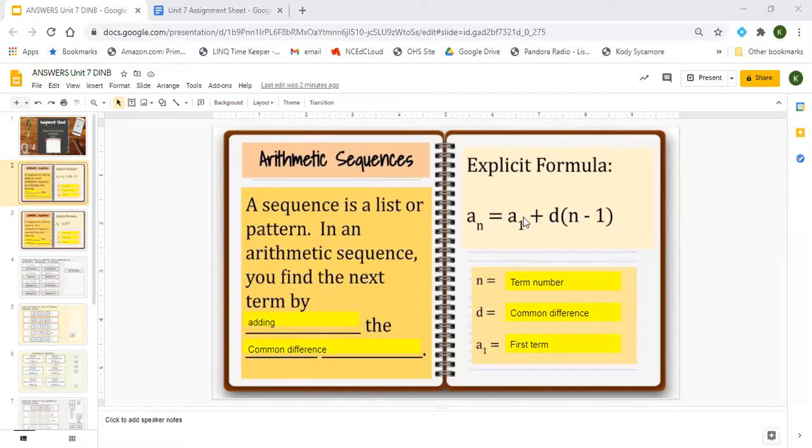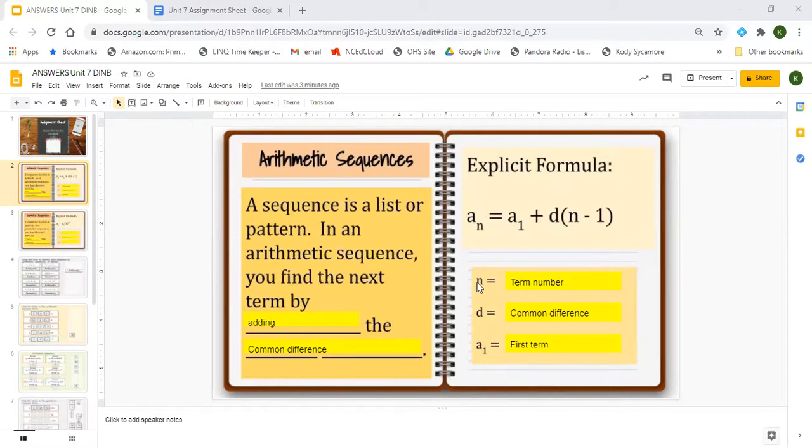This formula says a sub n, remember that letter that looks like an exponent but goes to the bottom? It's called a subscript. So when I read that, I say a sub n is equal to a sub 1 plus d times, in parentheses, n minus 1. That's the formula we're going to be plugging into.